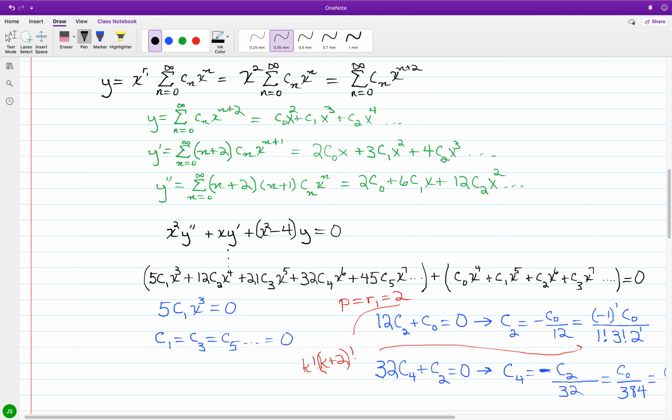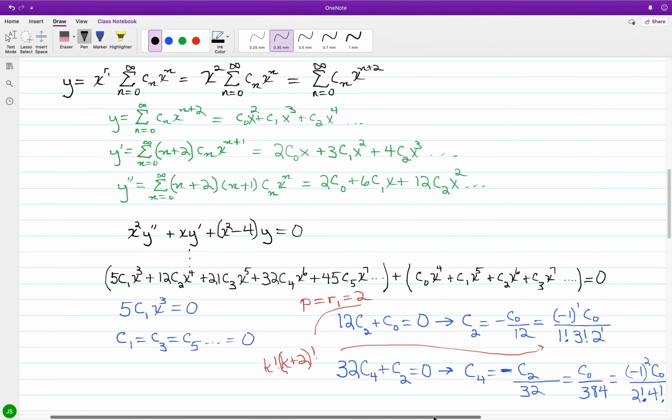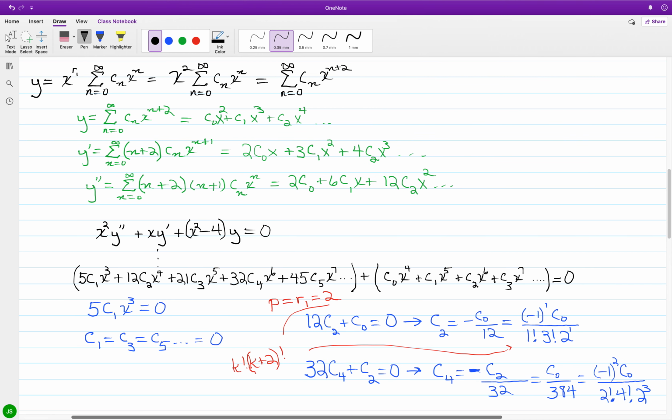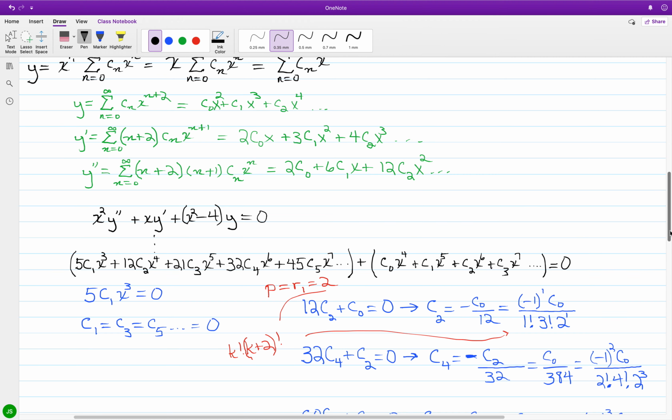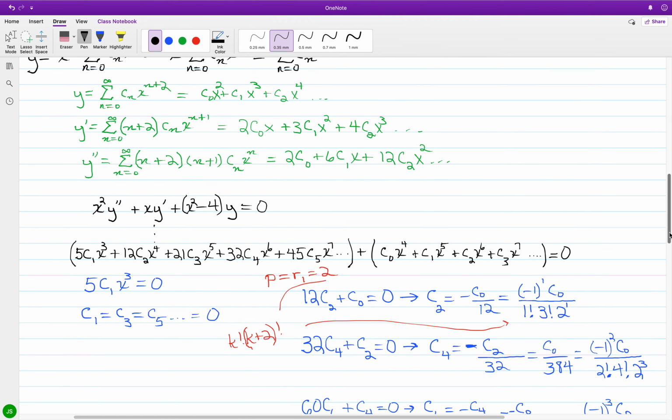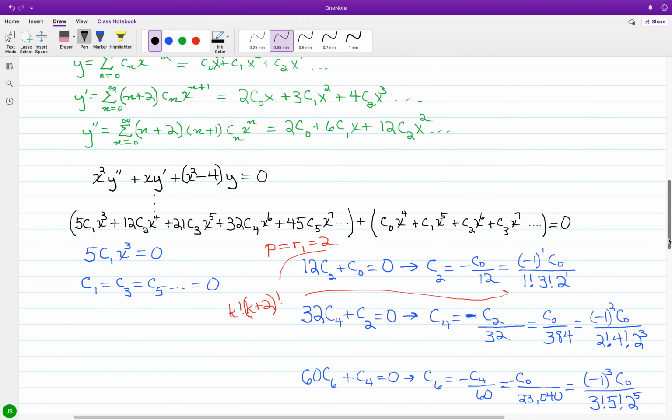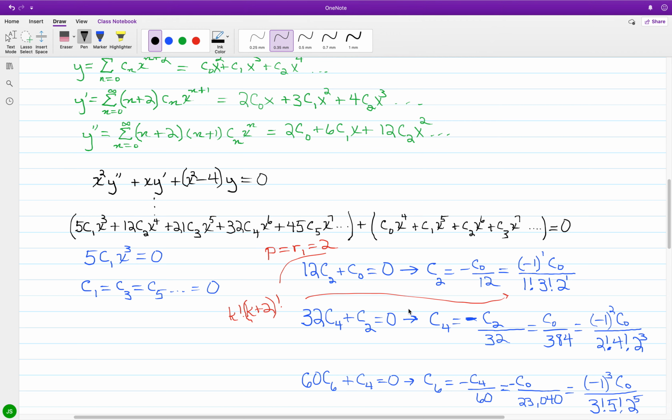And as for the even subscripted values, we have 12c2 plus c naught is equal to 0, and so c2 is equal to negative c naught over 12. Combining what we have for the 6th order terms, we have 32 c4 plus c2 is equal to 0.